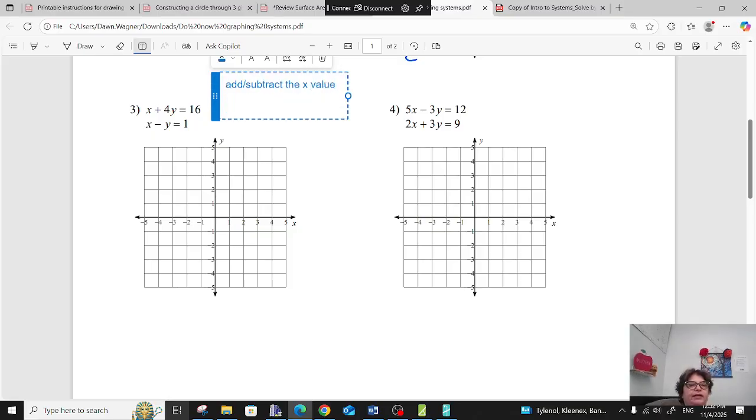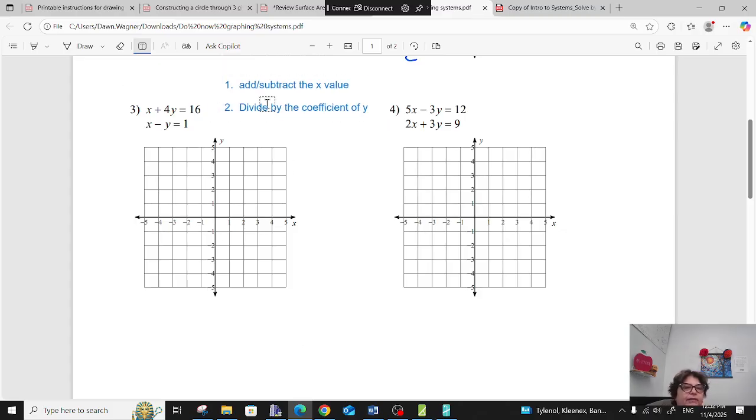And then the second step would be to divide by the coefficient of y. So this is step 1, and this is step 2 to convert it to slope-intercept form.